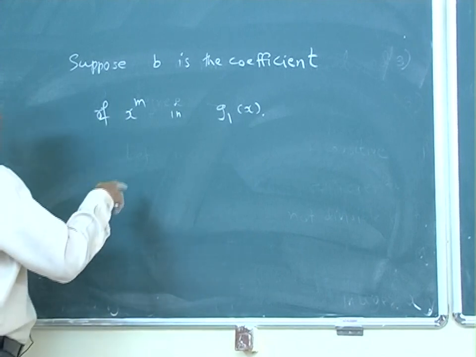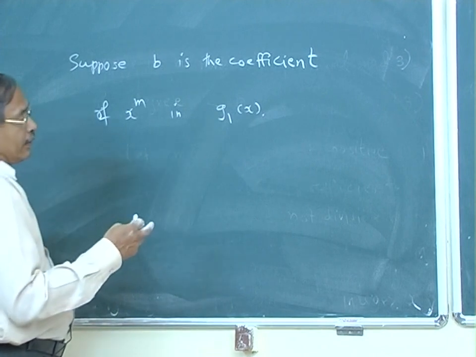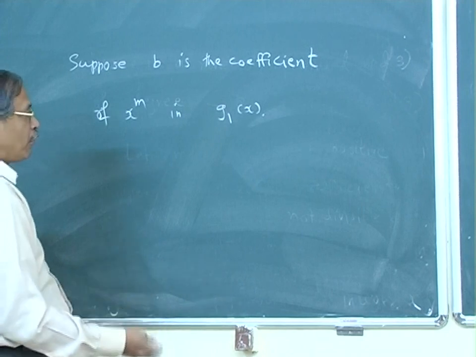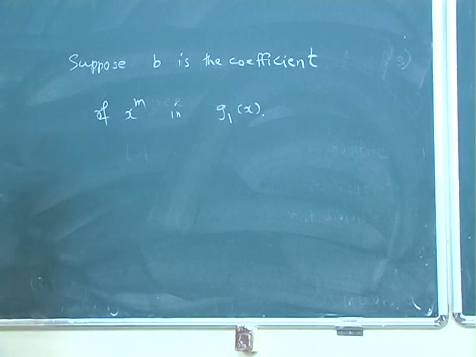Now if you multiply g1(x) by the inverse of b mod p, then you get a polynomial which has the same solutions as g1(x).